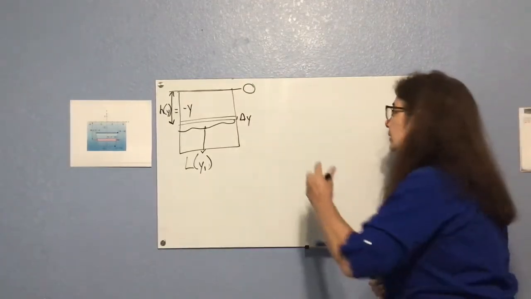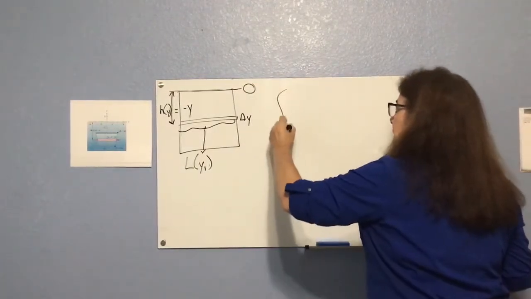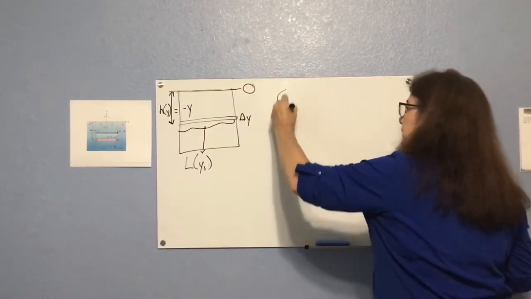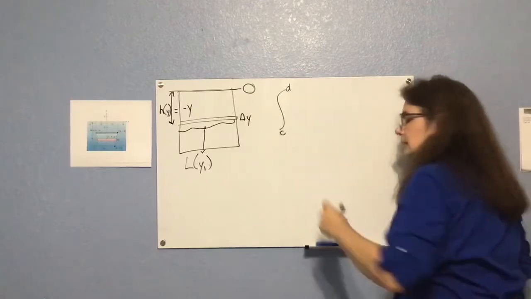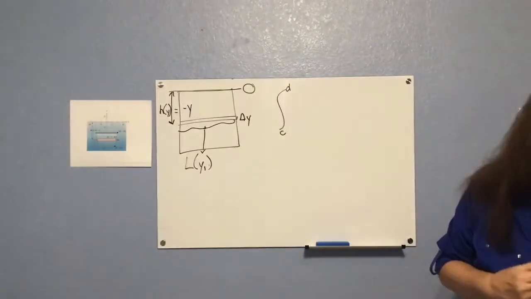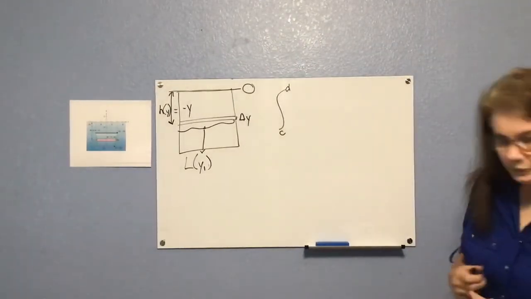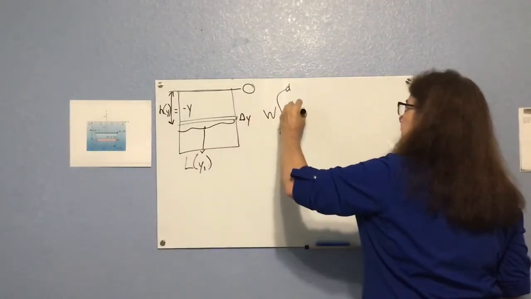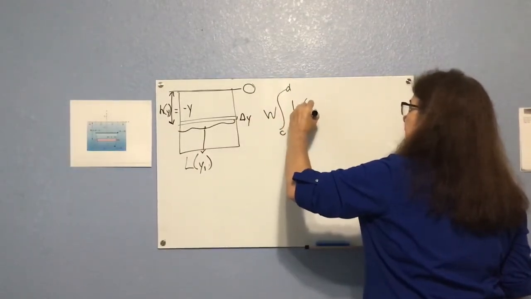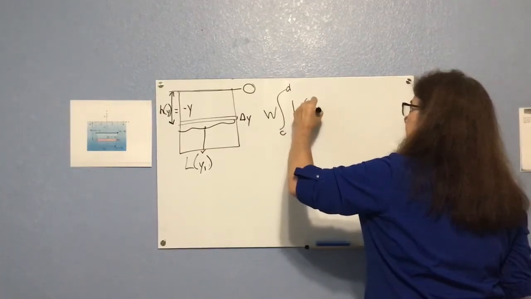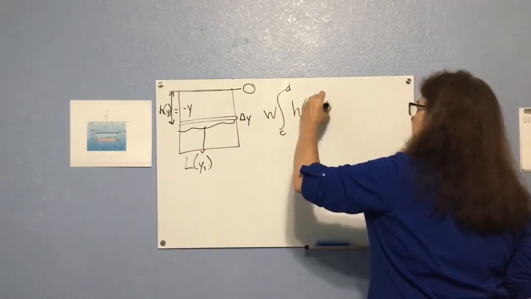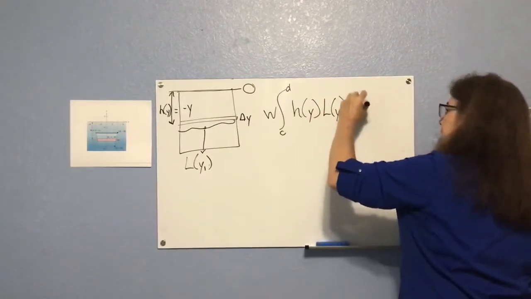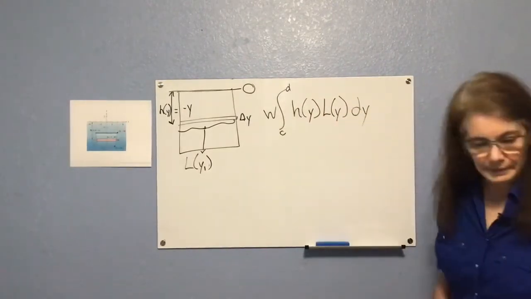Okay, so we have this integral now. Integral from c to d of W times h of y times L of y dy.